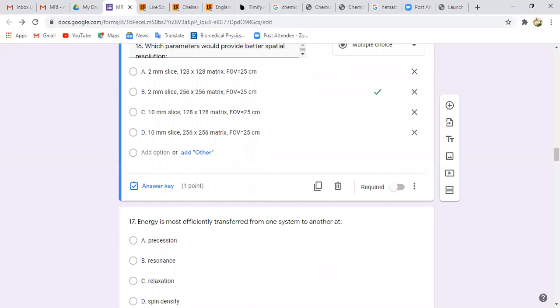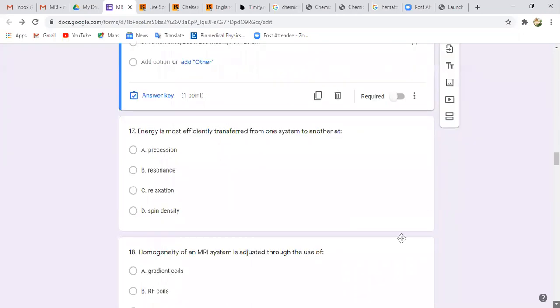So energy is most efficiently transferred from one system to another at what? Is this precession, resonance, depolarization, or the spin density, which shouldn't come into play? When is energy most efficiently transferred? Resonance.